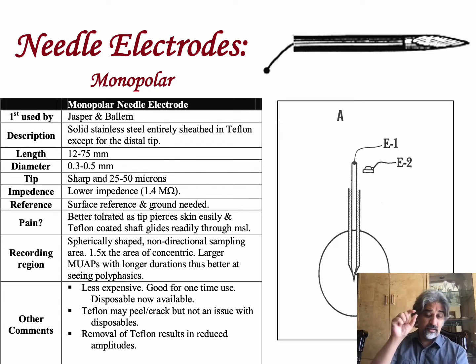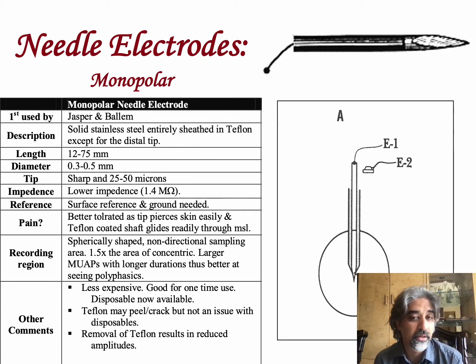So the shaft of metal serves as the E1 or active electrode, which we'll talk about later, and the tip results in a spherical recording region. So wherever that tip is, it's almost like a microphone picking up whatever voltages are in the area. For this reason, it only has one electrode, one piece of metal in there, so you do have to use other surface electrodes for the reference and ground, which we haven't talked about yet.